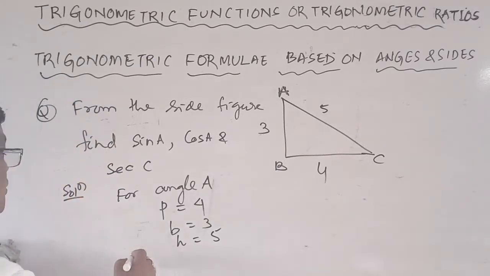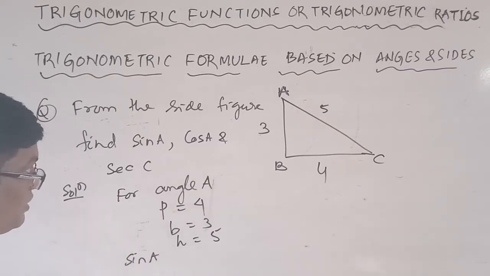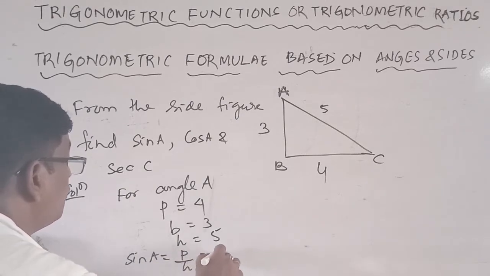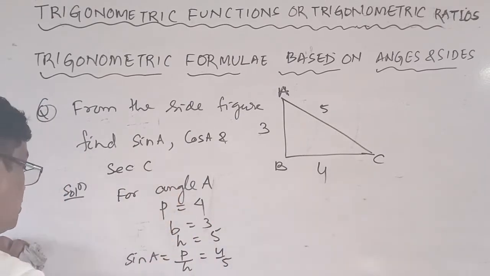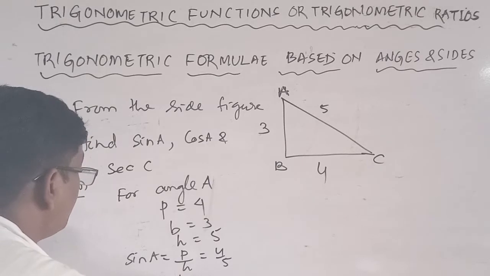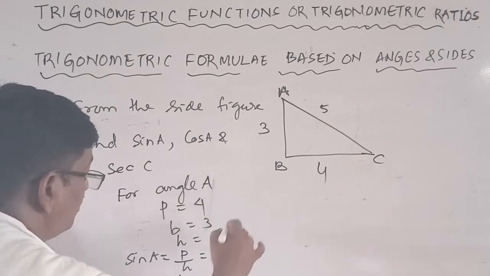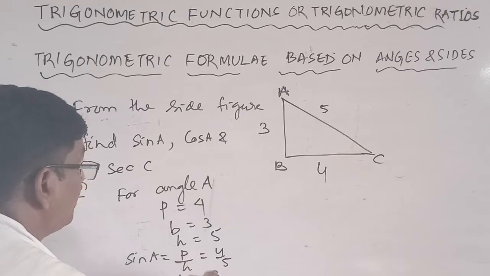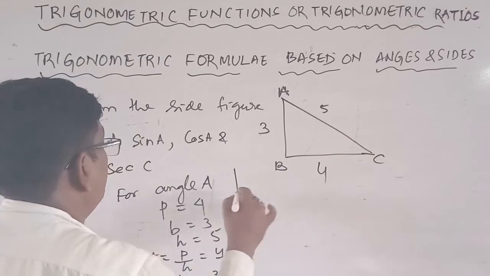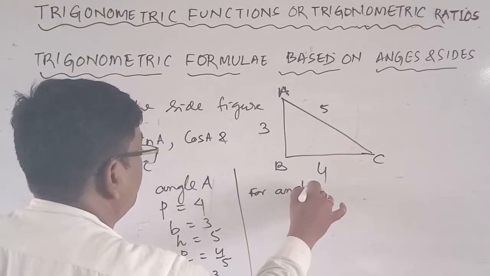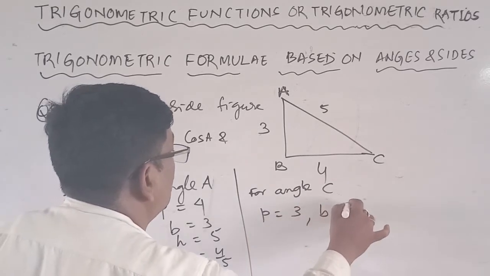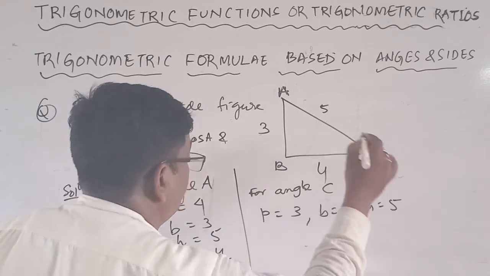So sin A is equal to P by H, which is 4 by 5, and cos A is equal to B by H, which is 3 by 5. And for angle C, P is equal to 3, B is equal to 4, and H is equal to 5.